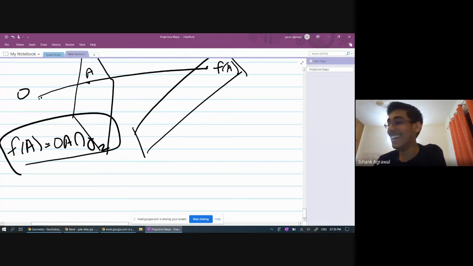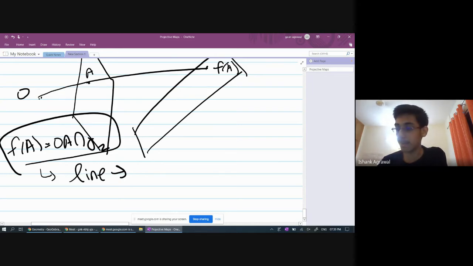So what would be some invariants in this? Where would lines map to? If I take a line, what would be the image of a line?